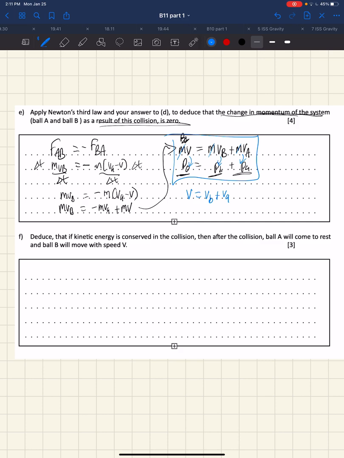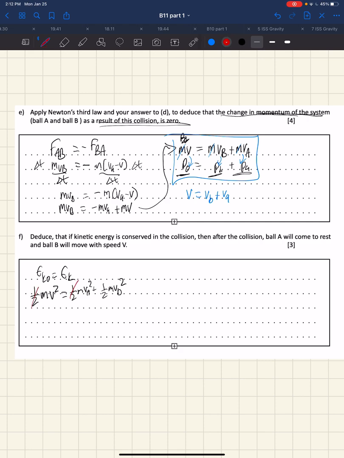So next, we want to deduce if the kinetic energy is conserved. What that means is the initial kinetic energy equals the final kinetic energy. And so that means 1/2 m v squared is going to equal 1/2 m v_A squared plus 1/2 m v_B squared.